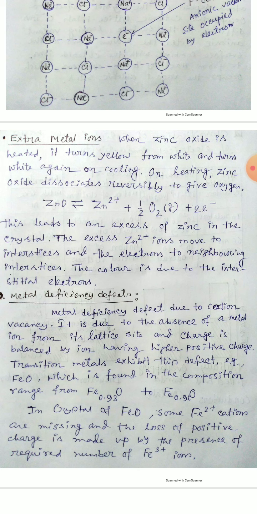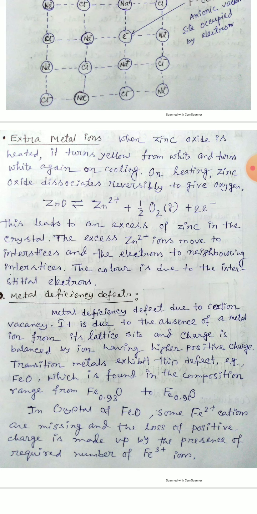This leads to an excess of Zn2+ ions in the crystal. The excess Zn2+ ions move to the interstices and the electrons to the neighboring interstices, and the color is due to the interstitial electrons. The oxygen gas will leave the crystal surface.